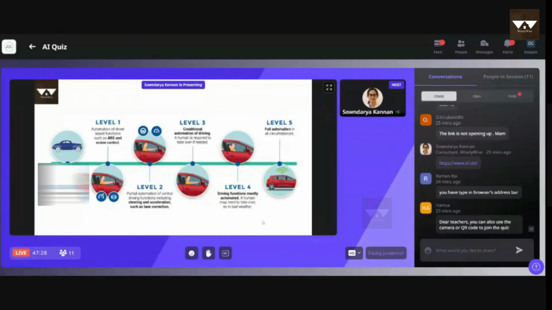Okay, so you can read the picture completely. There are pictures of cars with a few levels, from level 0 to level 5. You can go through them one by one. I'll give you a few minutes.